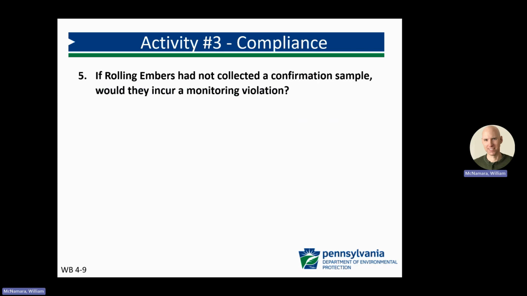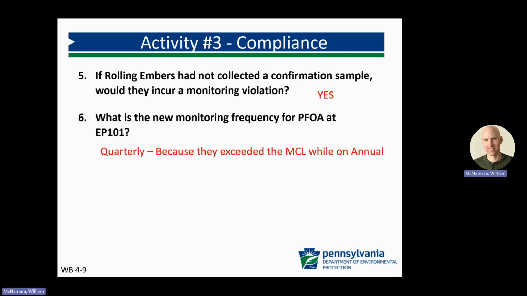So question 5 asked if Rolling Embers had not collected a confirmation sample, would they incur a monitoring violation? And yes, a monitoring violation for not collecting that confirmation sample. So what is the new frequency for PFOA at entry point 101? Well, quarterly.